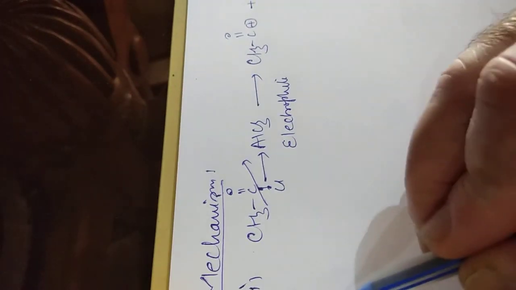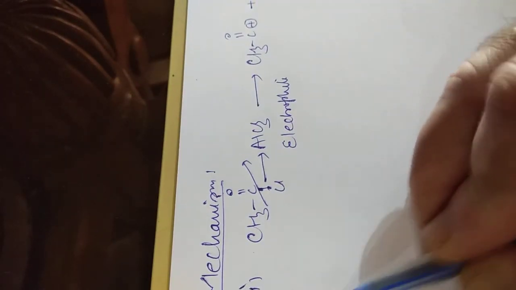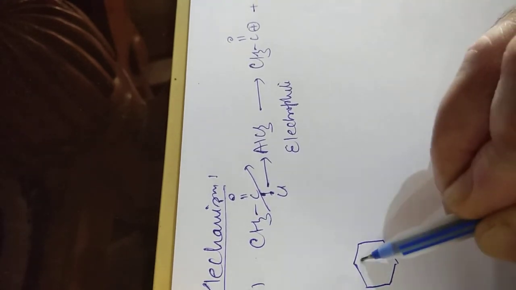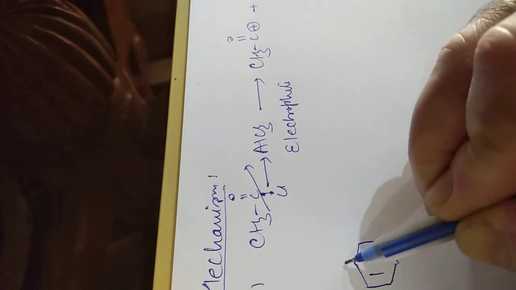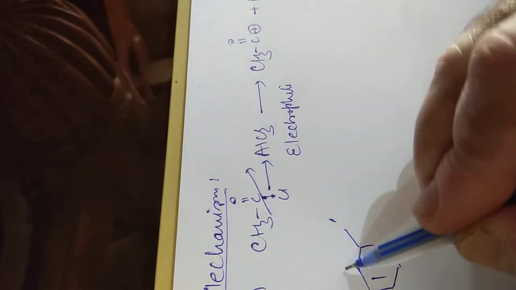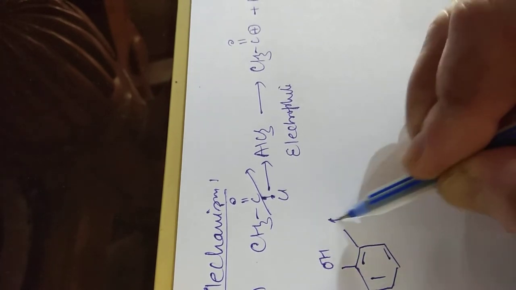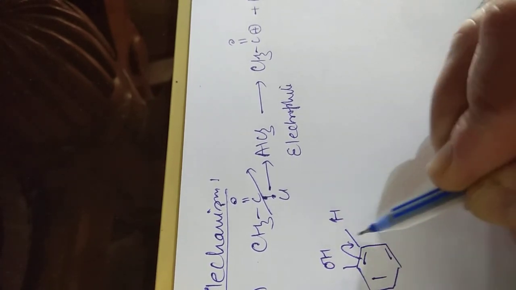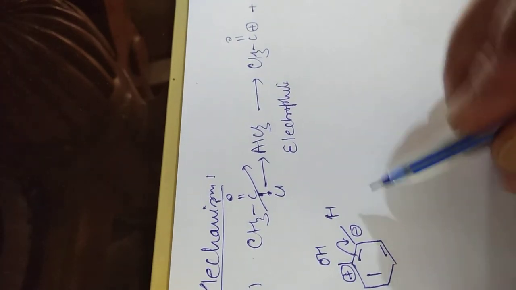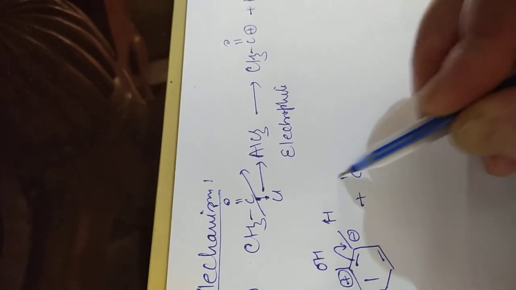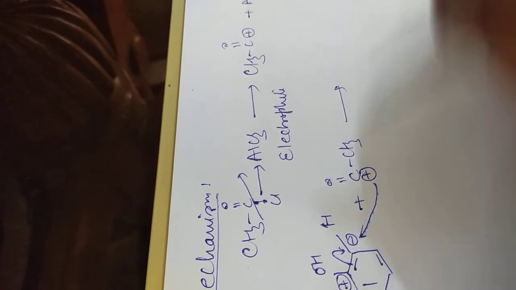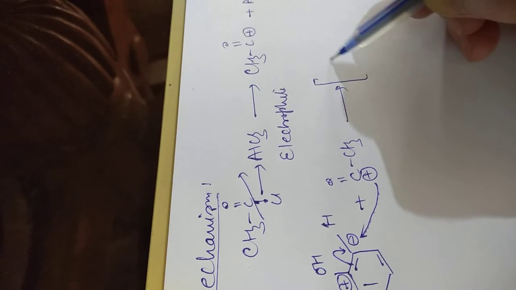In the very first step, the electrophile has been formed, and when we use phenol, due to resonance this will be negative carbon, this will be positive carbon, and acetyl carbocation will attack on negative carbon.